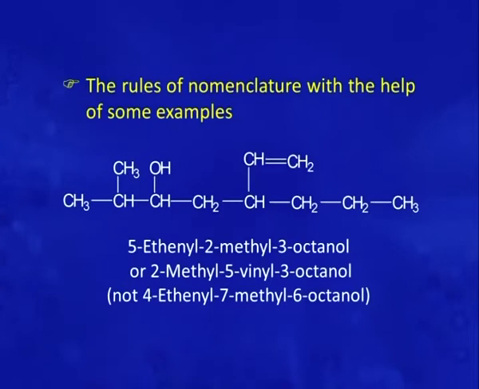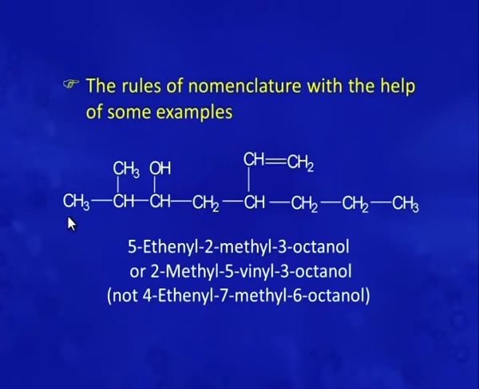In this example, you see the hydroxy group is here and we have a carbon-carbon double bond, but the longest possible carbon chain here does not have both the groups in the main chain. So what we do is take this carbon-carbon double bond, or this vinyl group, as a substitution over the main chain.